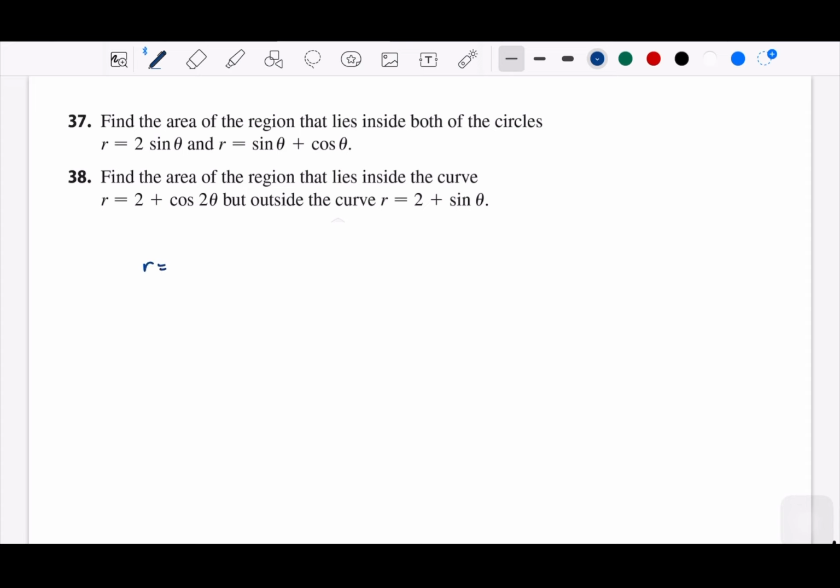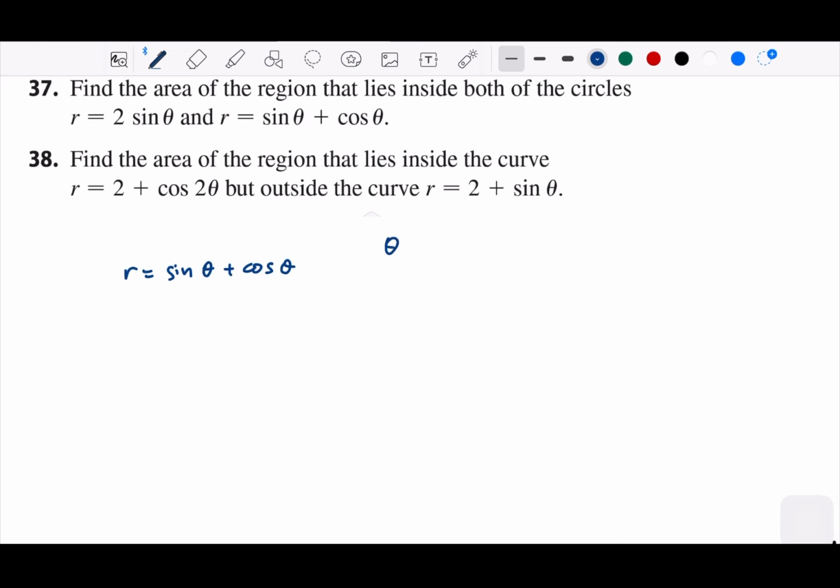So when r is sine theta plus cosine theta, you can check some angles, like 0, pi over 2, 3 over 2 pi. Or, if you remember carefully, when theta is pi over 4, both sine and cosine have the same value, so r will be square root of 2.